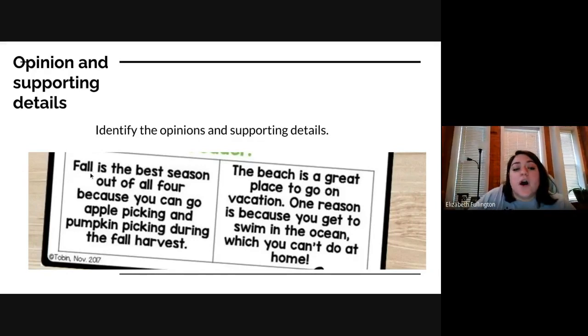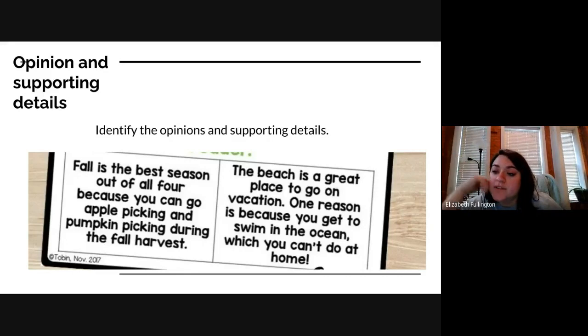It says fall is the best season out of all four. That's the opinion statement right there. Now, they have reasons, right? And the reason is when it says because, that's a clue word that there are some reasons why. And Omar, do you know what reasons are those? Why does he think fall's the best?